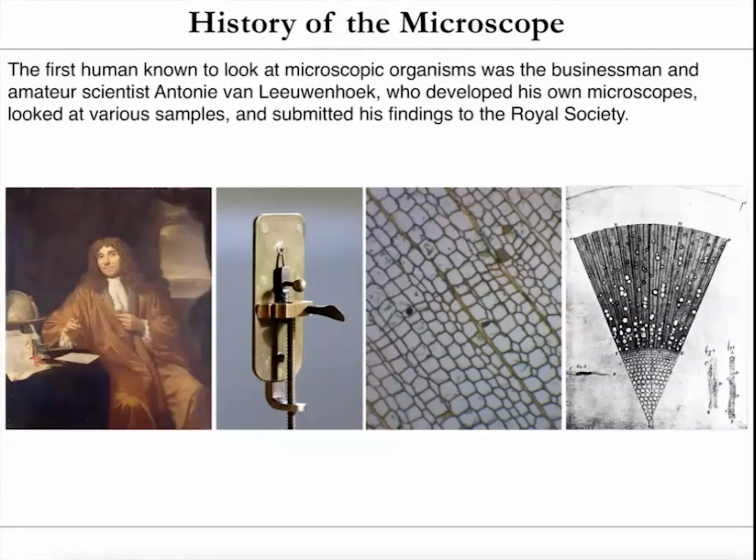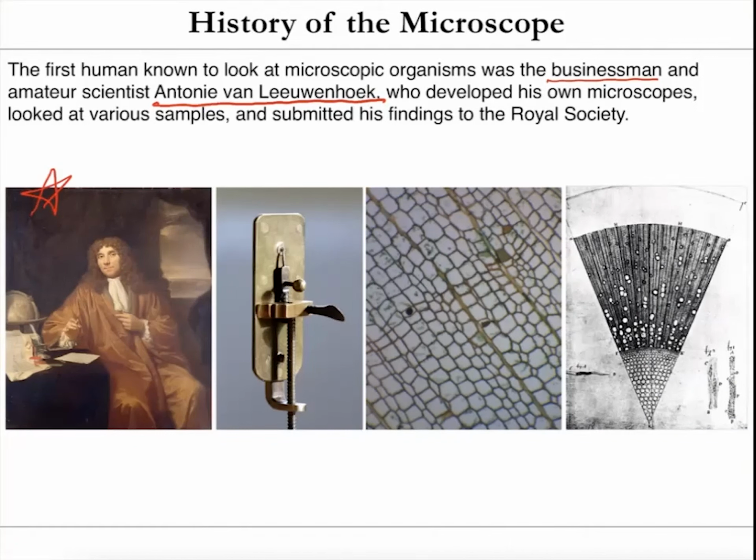The first human who we know looked through a microscope and then wrote down and published his findings was this Dutch guy who was a businessman, a clothes maker, and an amateur scientist named Antony van Leeuwenhoek. I don't know if I'm pronouncing that right, but that's as close as I can get. That's this guy right here.